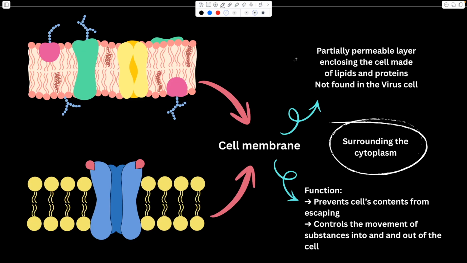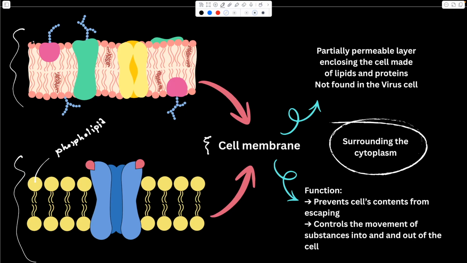So let's look at our first structure, which is the cell membrane. What is the cell membrane? Your first question should be, what are these weird structures? Now you will see one important thing. It is made up of molecules known as phospholipids.